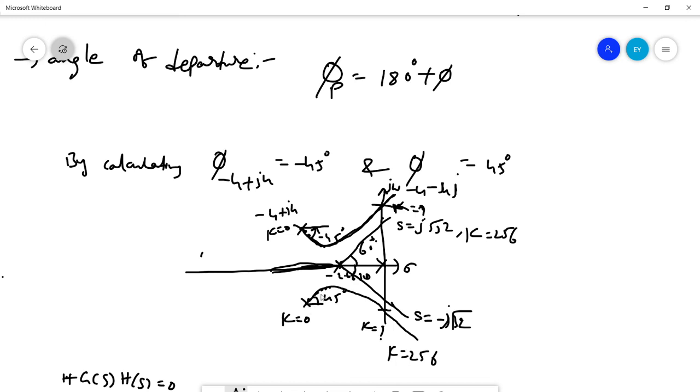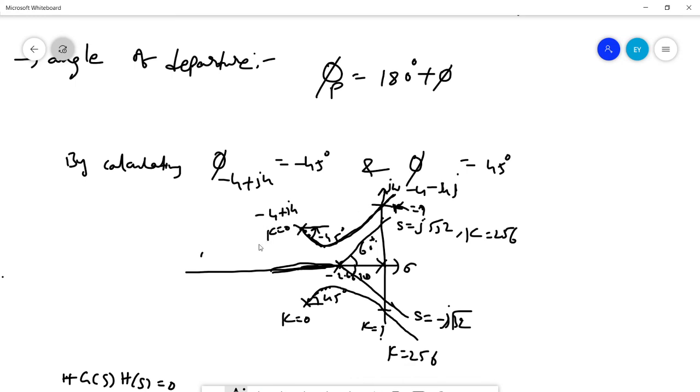For the other pole also it is making 45 degrees, and this particular angle of asymptotes is telling the root to travel towards the imaginary axis. If you check here, the angle of asymptotes is telling 60 degrees, and your root locus is meeting your imaginary axis at some point.